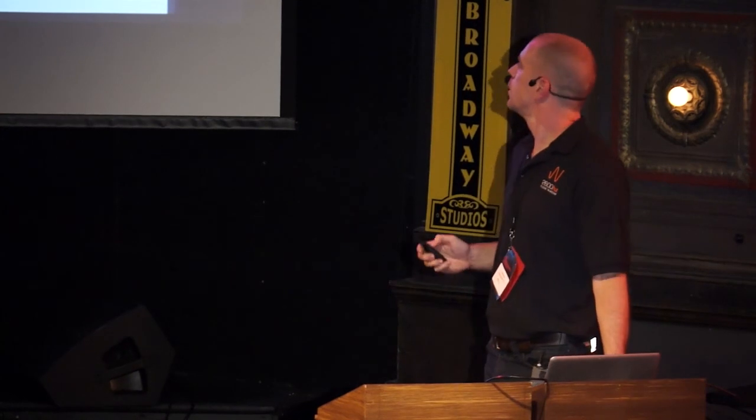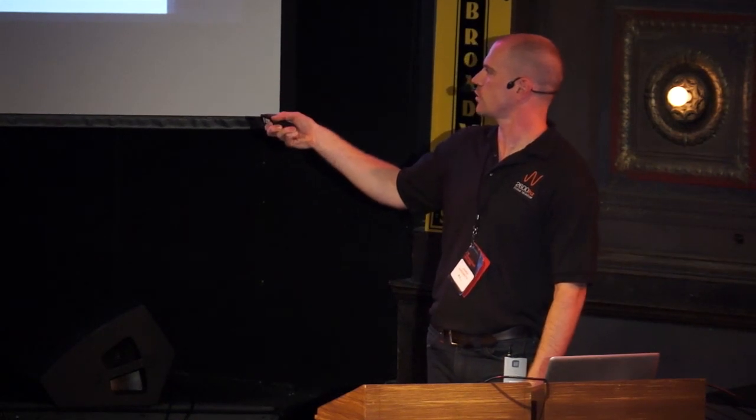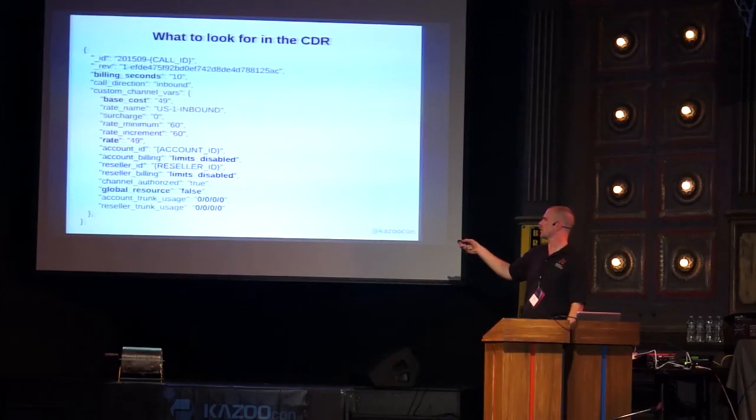Very exciting. And then in the CDR, you can see that those values are here under the account or reseller billing keys. You can see the rate that was applied, the rate name, the base cost, the number of billing seconds. So this is 10 seconds, at the unit of 49.